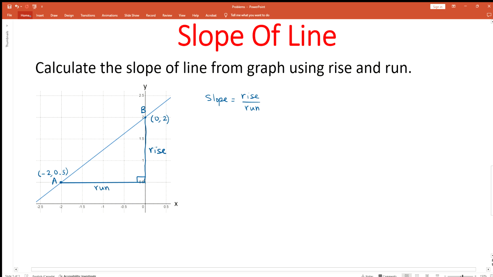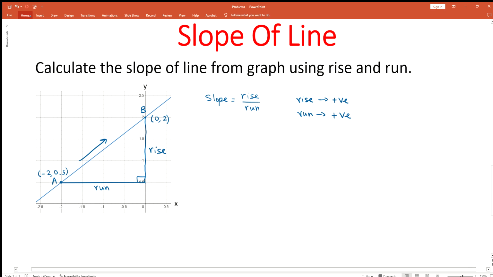As we go from point A to point B, we have to move in the upward direction, so the rise between these 2 points is positive. And as we go from point A to point B, we have to move to the right, so the run is also positive.